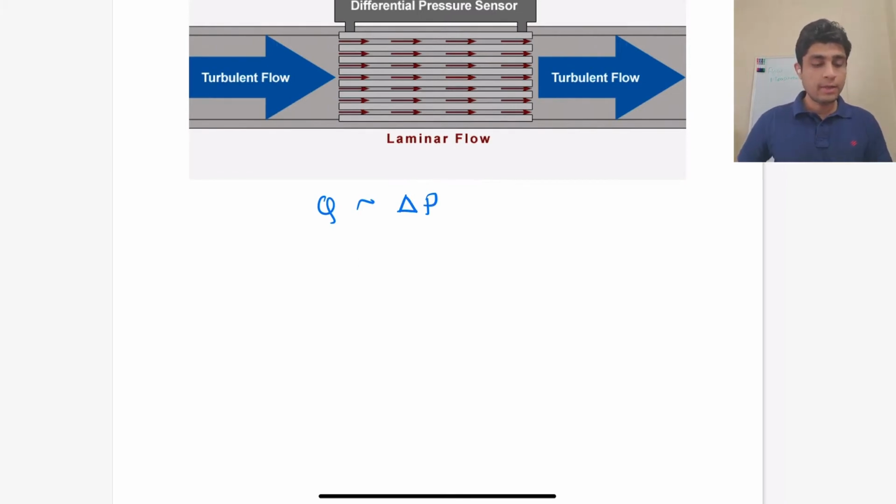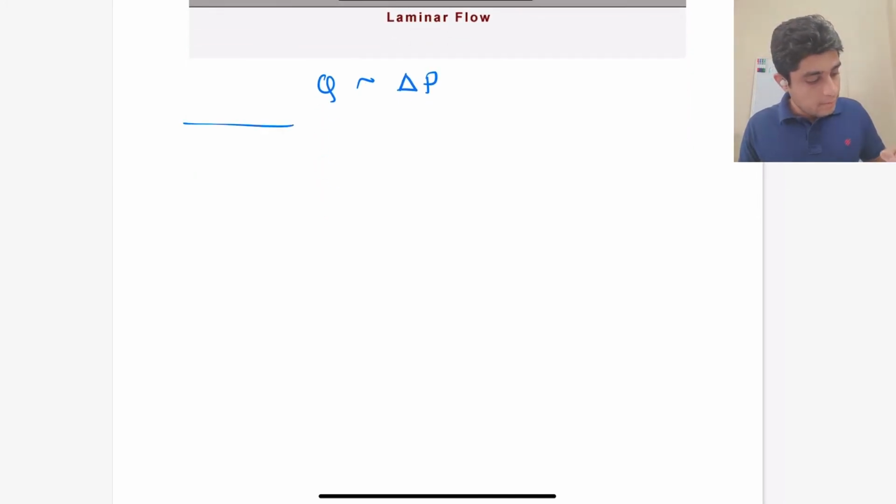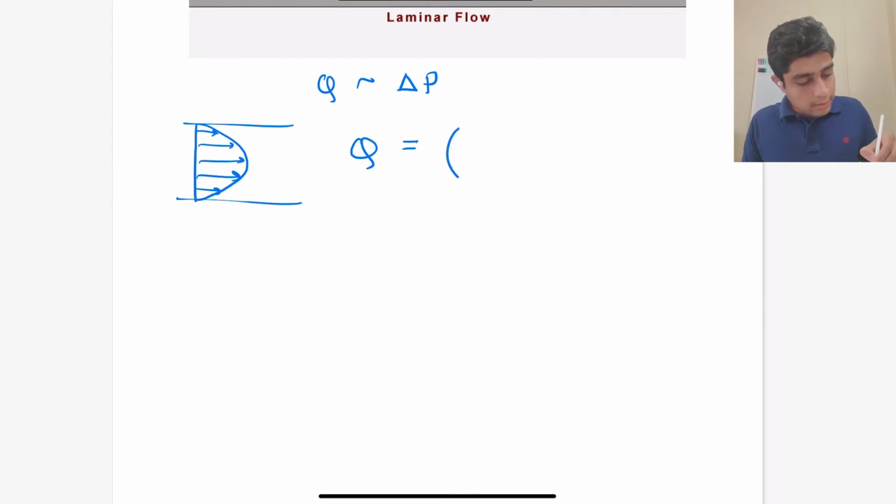That is possible in a laminar flow, because in a laminar pipe flow the velocity profile is not blunted but parabolic, and by solving the Navier-Stokes equations we can find that the flow rate in a laminar flow is linearly related to the pressure difference.